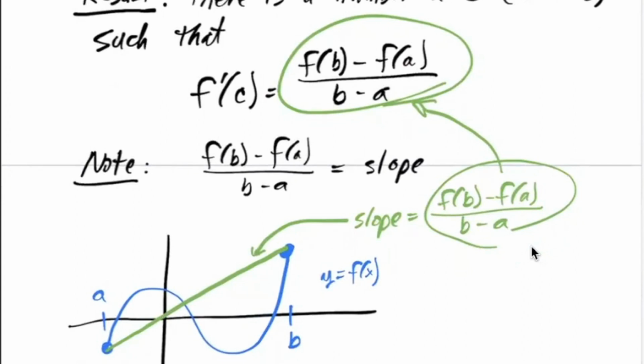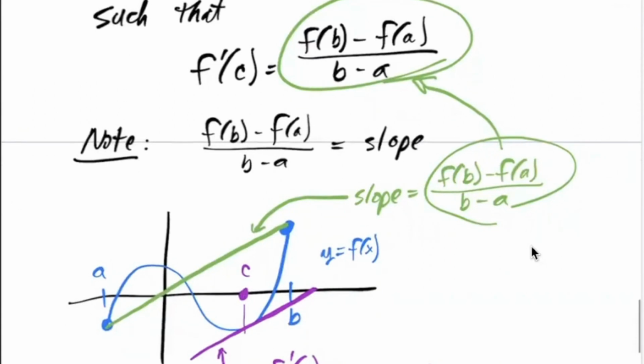Well, one of those lines would be this right there. And so my c is going to be about there, or down there. And this is equal to the derivative at c, and that has the same slope as the green line. And some of you would also notice there's a second point I could have for c, and that would be about here. We'll call that c2.